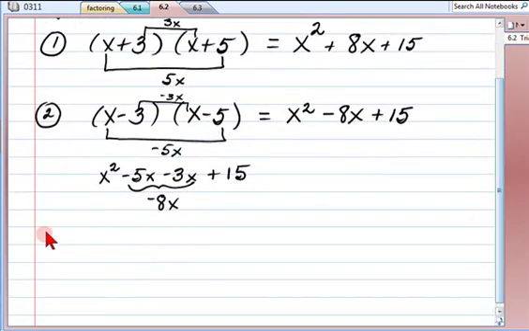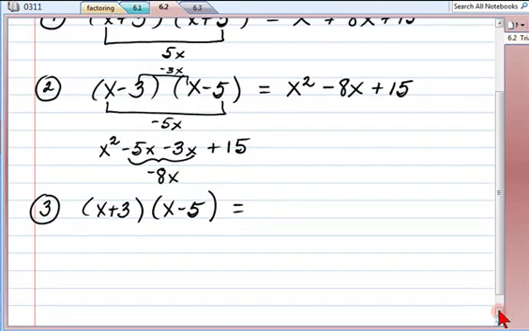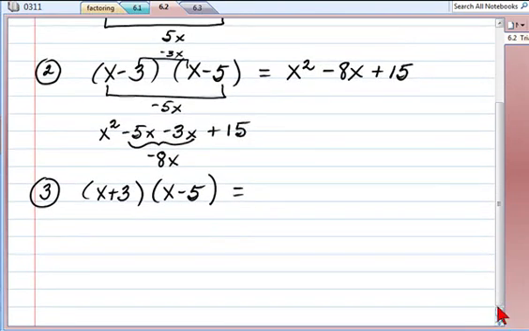All right, let's look at another one. Number 3, what if I have x plus 3 times x minus 5? The product of the first, x times x, is x squared. The outer product is negative 5x.